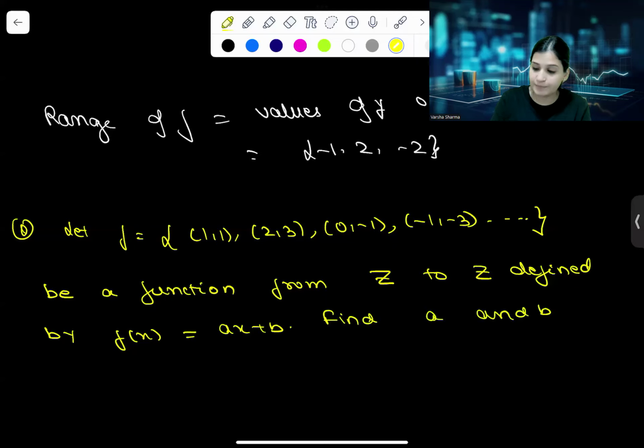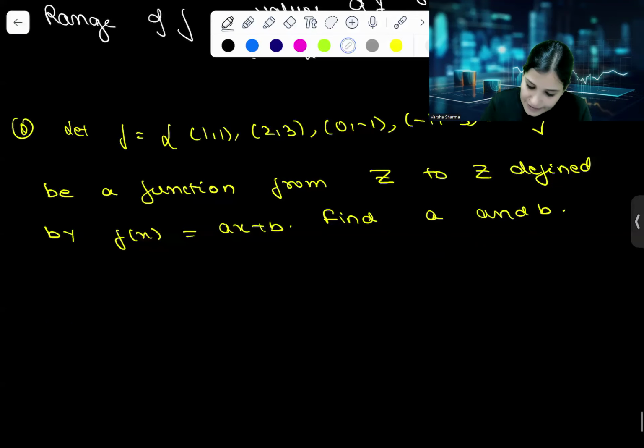Find a and b. It's very similar to the question in the relation that we did: find a linear relation if the pairs are given. So we assume, let y equal to ax plus b. So linear only, ax plus b.